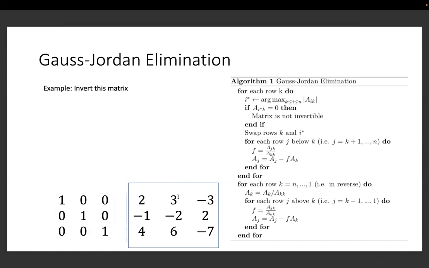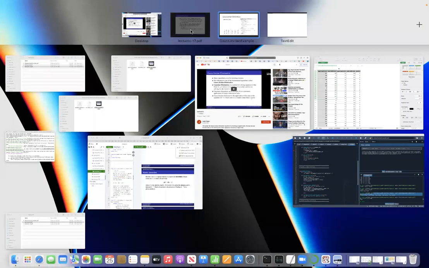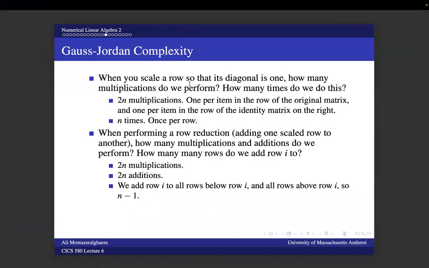So we have 2 times n elements here to compute the multiplication, right? So 1 per item in the row in the original matrix, and 1 per item in the row of the identity matrix on the right. So we have 2n multiplications, right? And then we do that n times because we have n rows in the matrix, right?